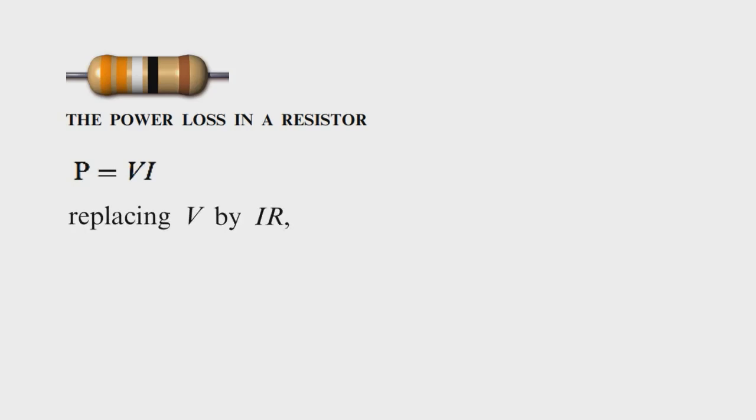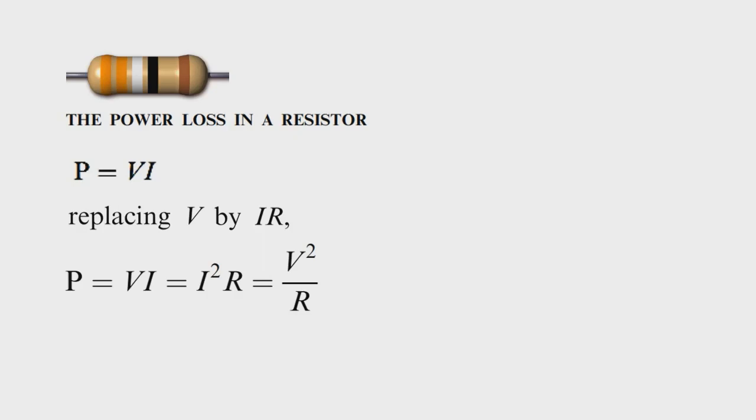And so, according to Ohm's law, voltage is equal to I times R. From the original formula, power is equal to voltage times current. Replacing voltage with IR, there will be two I's, which is I times I times R, and that is also equal to I squared times R. And supposing I equate I with V over R using Ohm's law again, that will be V squared over R squared.